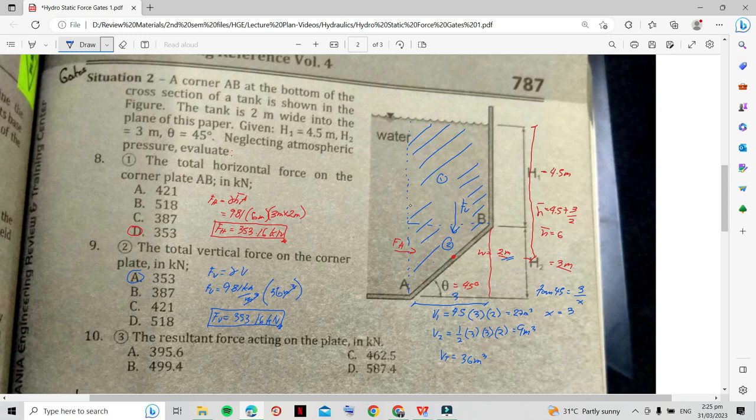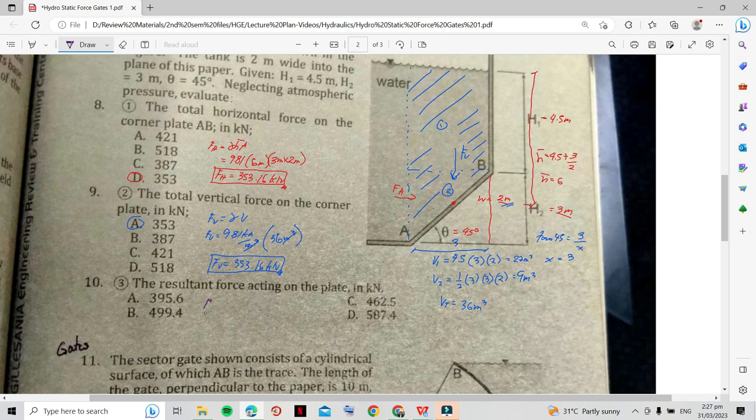Our vertical force and horizontal force are equal to each other. If you have the vertical force and horizontal force, you will have the resultant force FR acting here on the plate. Just Pythagorean theorem, tip to tail.